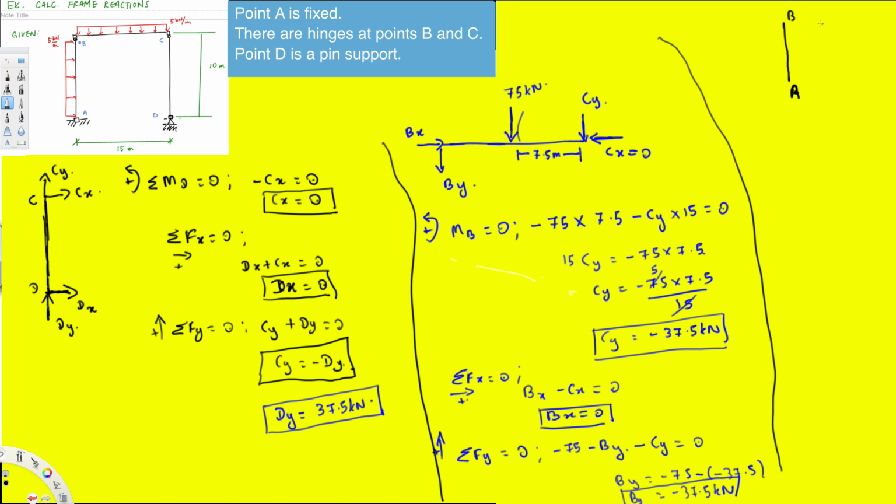So Bx is going to be in the opposite direction right here, and By is going to act upside, and in the bottom we are going to have Ax and Ay.